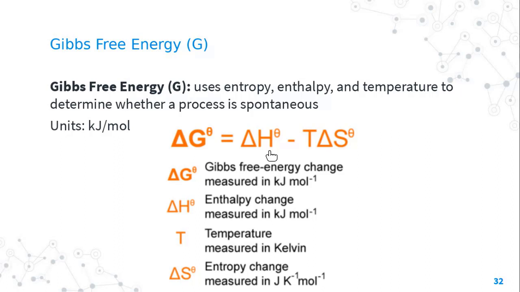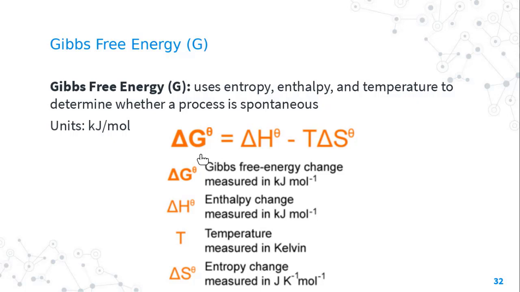We talked about all those endothermic processes that are actually spontaneous because of delta S. But at the same time, we can't just say that if our delta S, our randomness, our disorder, is increasing, that it's going to be spontaneous, because that's not always the case either. We need Gibbs free energy to relate those with the temperature to determine whether the process overall is spontaneous.